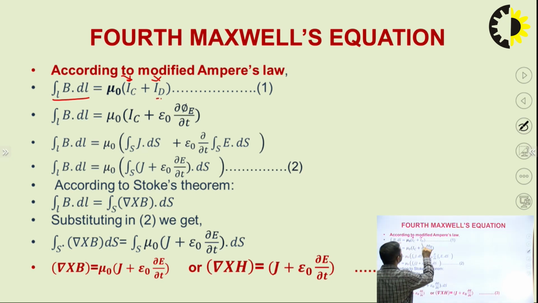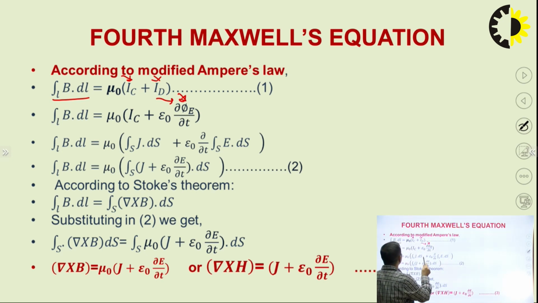According to the definition of displacement current, ID can be written as epsilon naught d phi E by dt, where phi E is the electric flux. Because the origin of the displacement current is the change in electric field or electric flux, it can be written in this form.